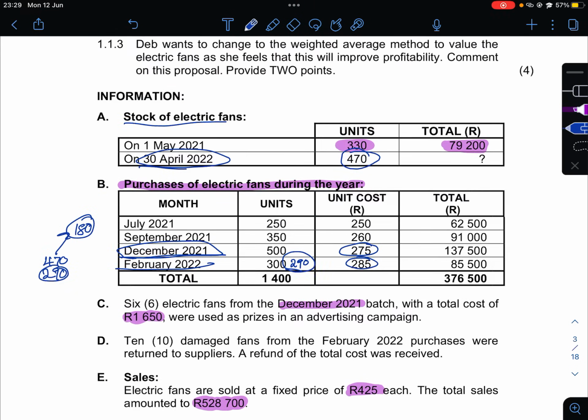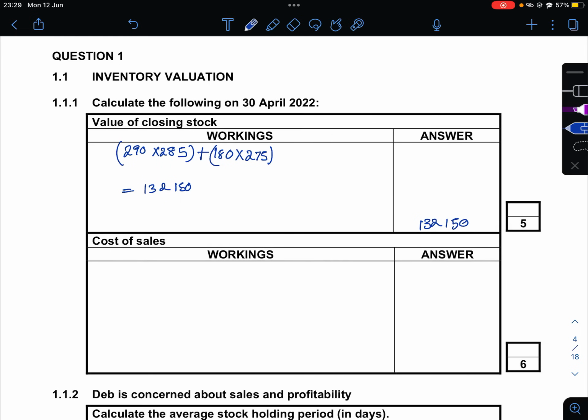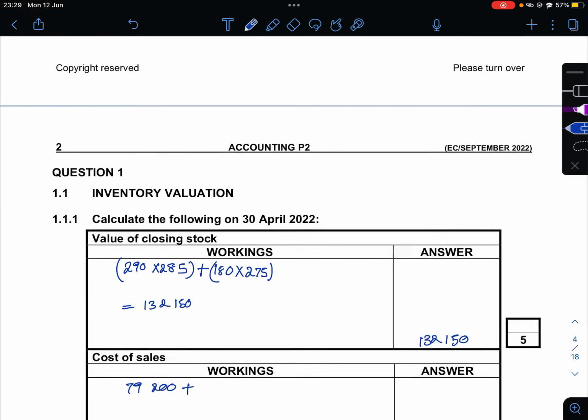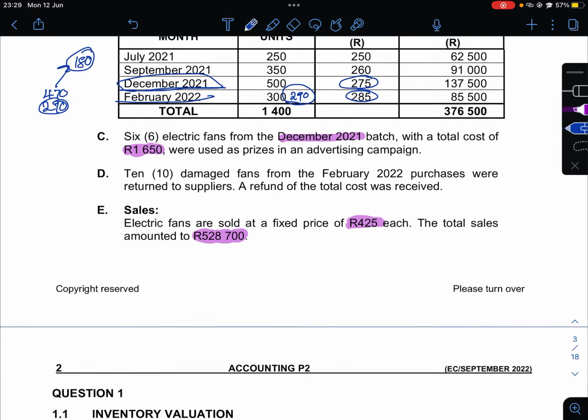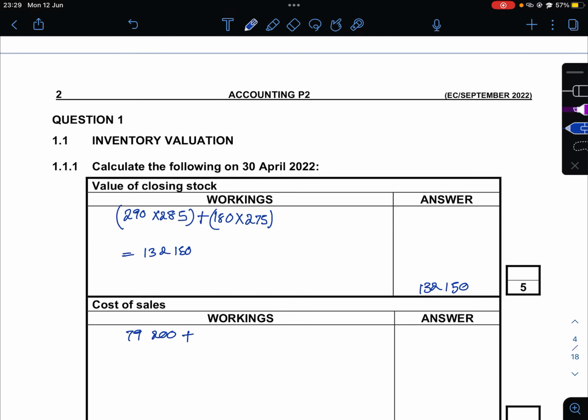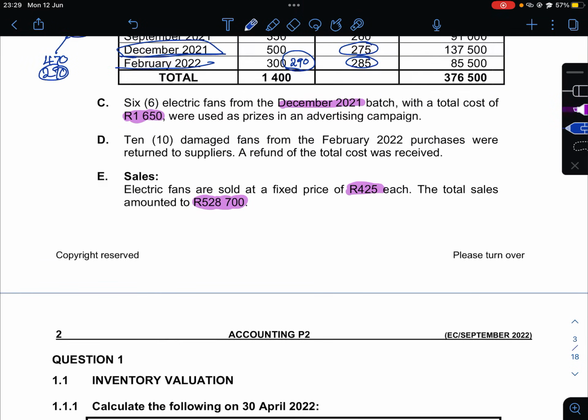Our opening balance was 79,200. How much did we purchase? We purchased a total of 376,500. And then we returned 10 damaged fans, and they were from the February 2022 batch.